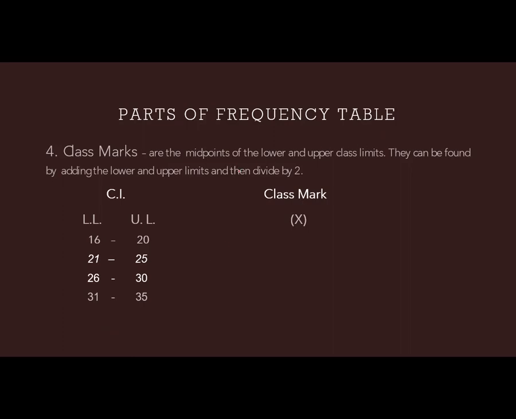So, our class marks are midpoints of the upper and lower class limits. What we are going to do is add the lower and the upper limits, then divide by 2. So 16 plus 20, we are going to get 36.